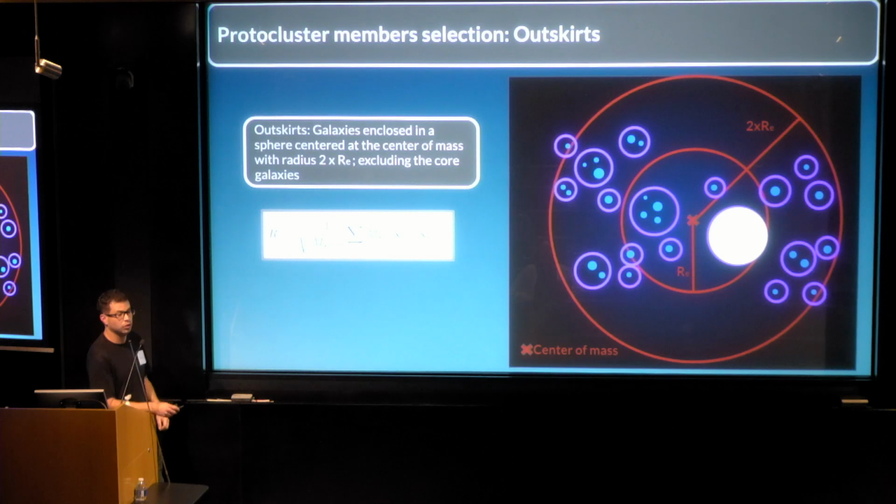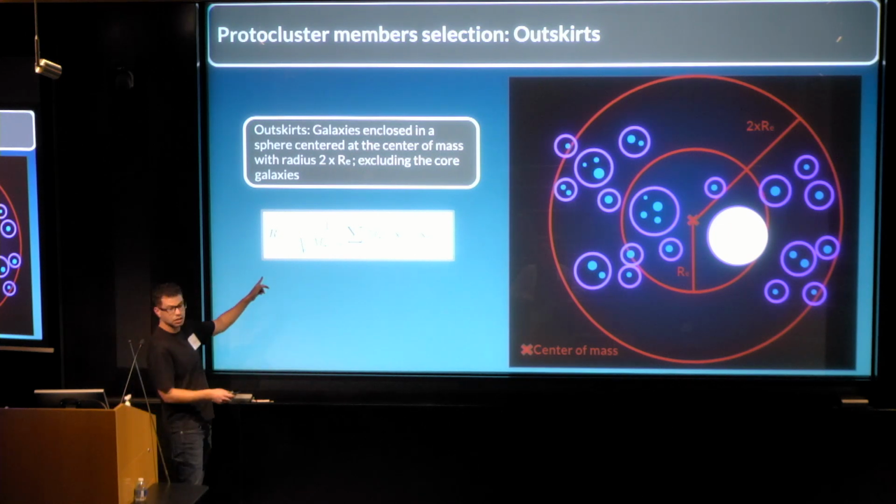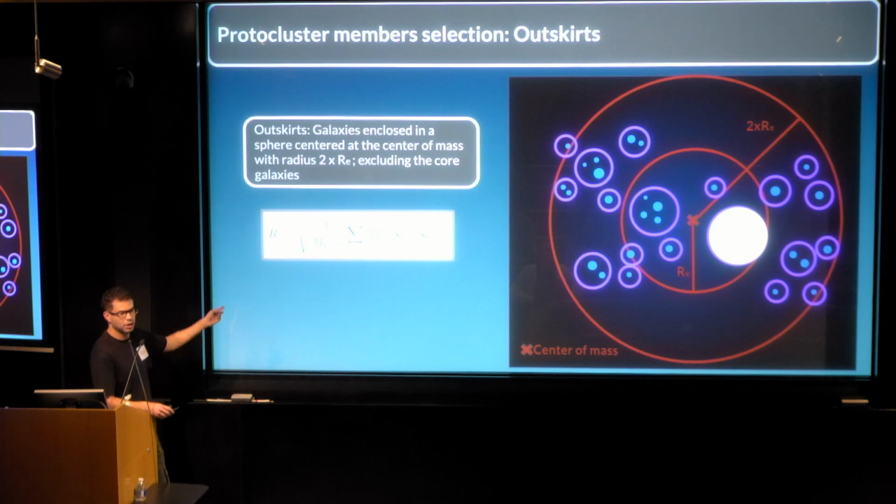In the case of protocluster outskirts, we define them as all galaxies enclosed in a sphere of twice the effective radius defined with this equation, which is actually the same radius that I showed you in the introduction in my first plot. And the sphere is centered on the center of mass of the structure.